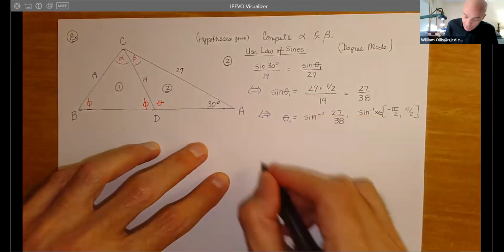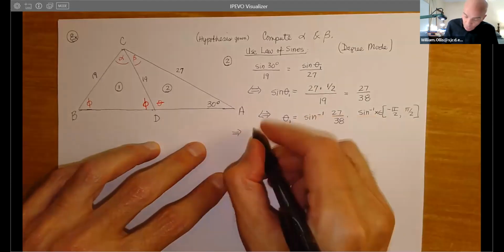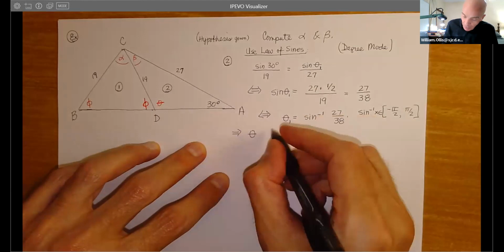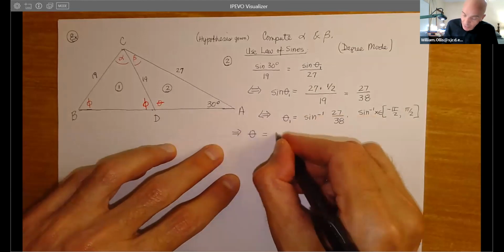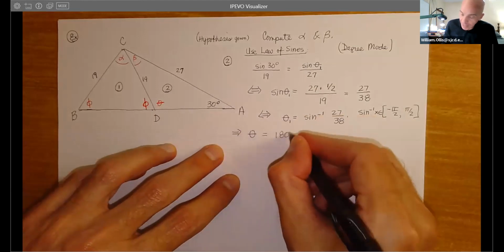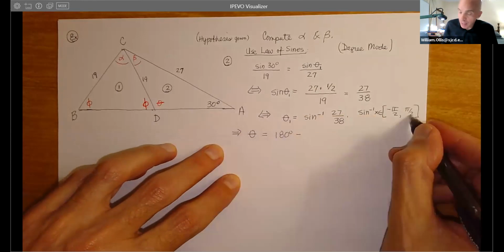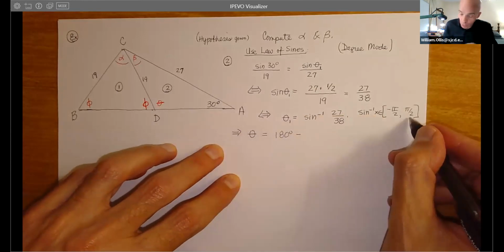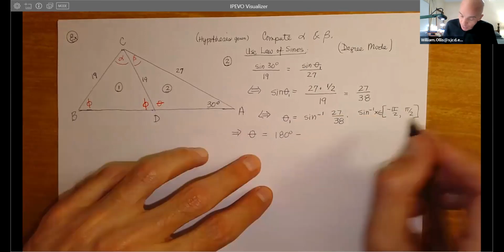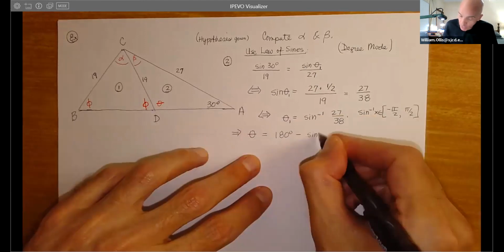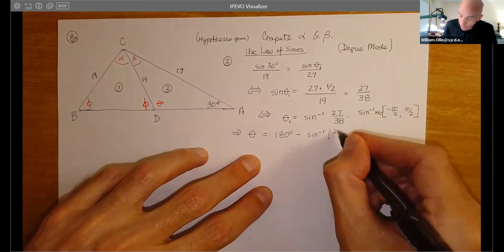So this implies that our actual theta, which is obtuse, will be 180 degrees minus the acute angle, which is Professor Ron's lemma for the upper arc, which will be inverse sine of 27 over 38.